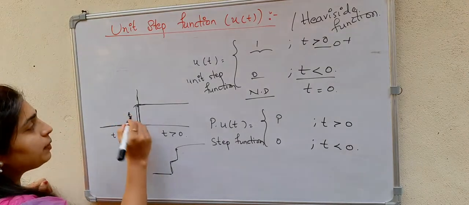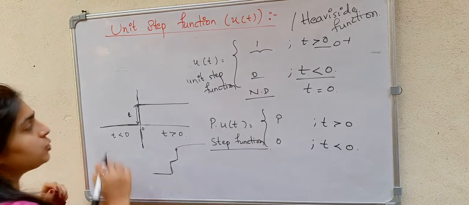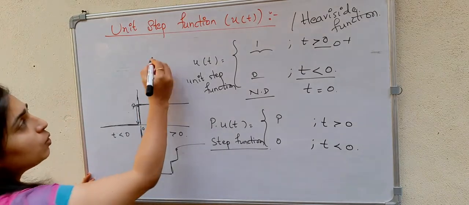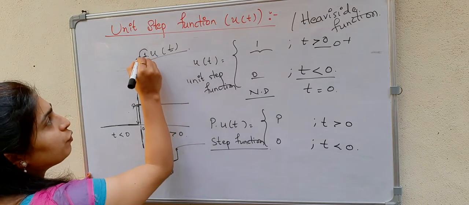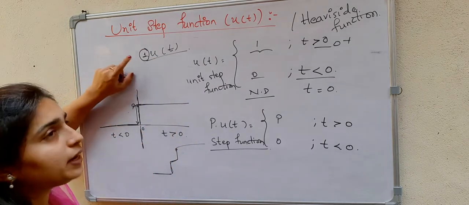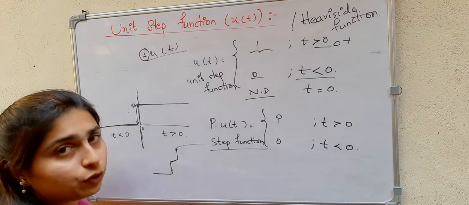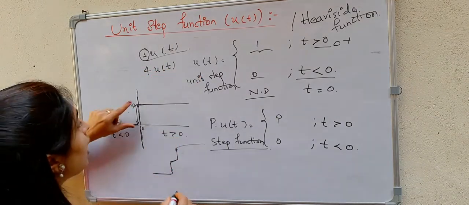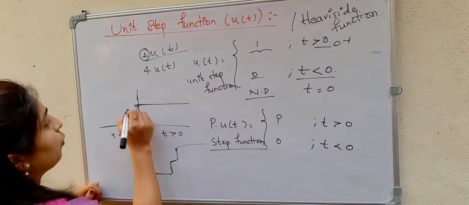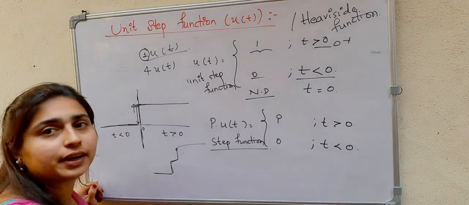If it is p, then it will be a step function with height p. So the coefficient of u of t tells us about the height of the step. If you have 4u of t, that means the height of this step will be 4. So instead of 1, I will write it as 4.